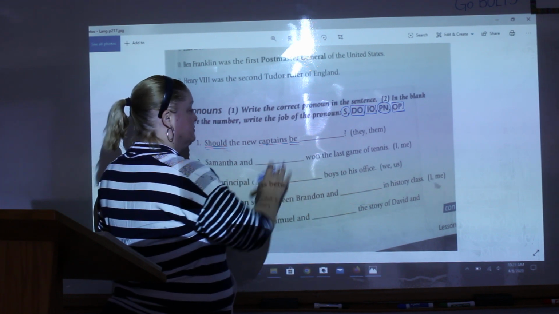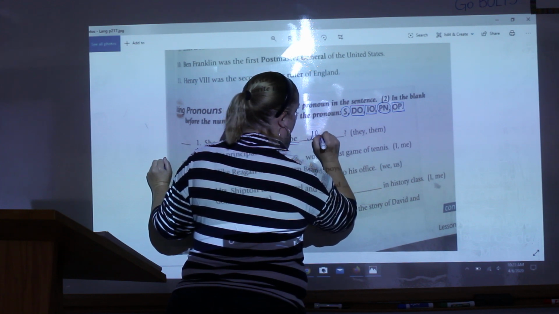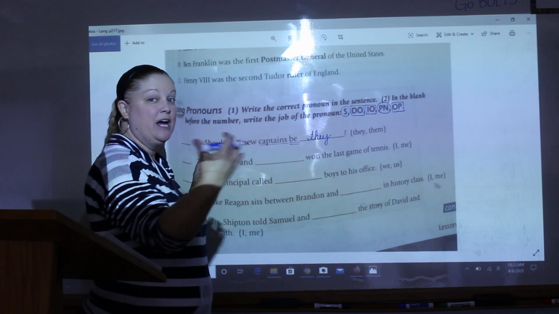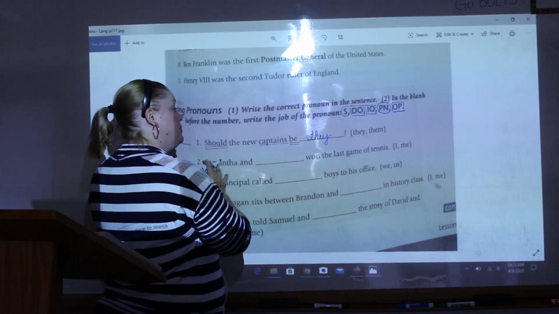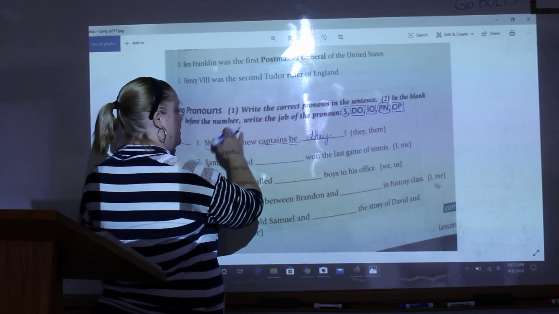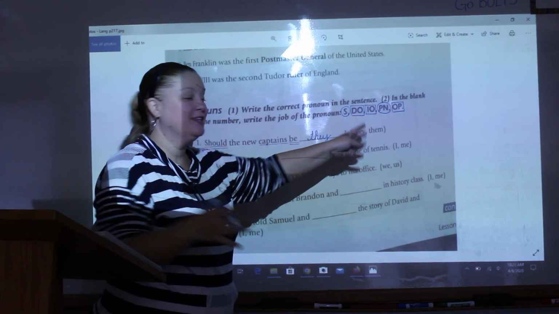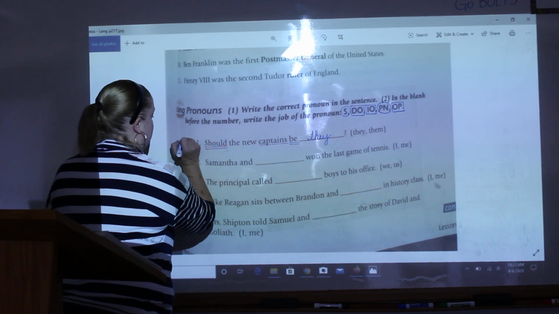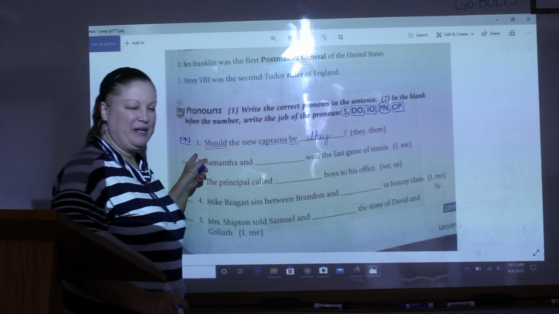Should be they. We're looking for a predicate nominative because we want to be able to reverse it around. They should be the new captains. You wouldn't say them should be the new captains. And because it's a predicate nominative in this sentence, we're going to fill in the blank with PN.